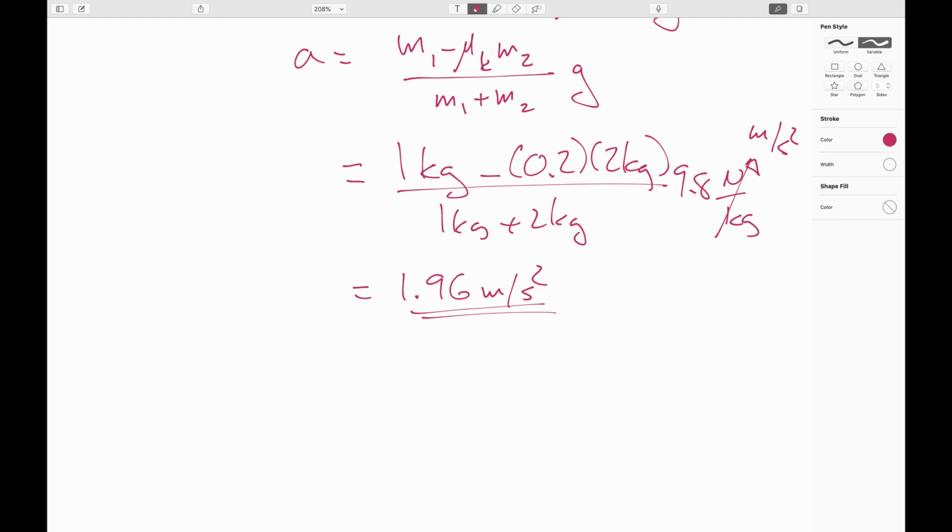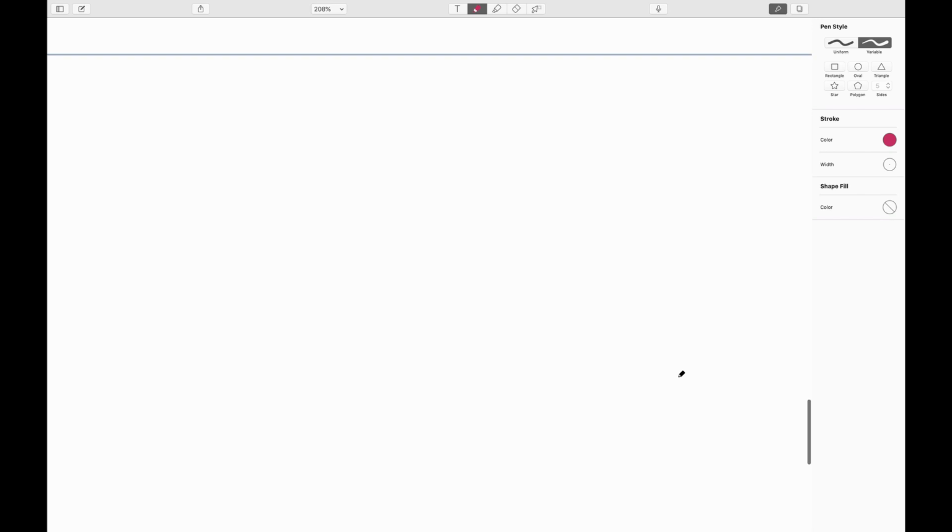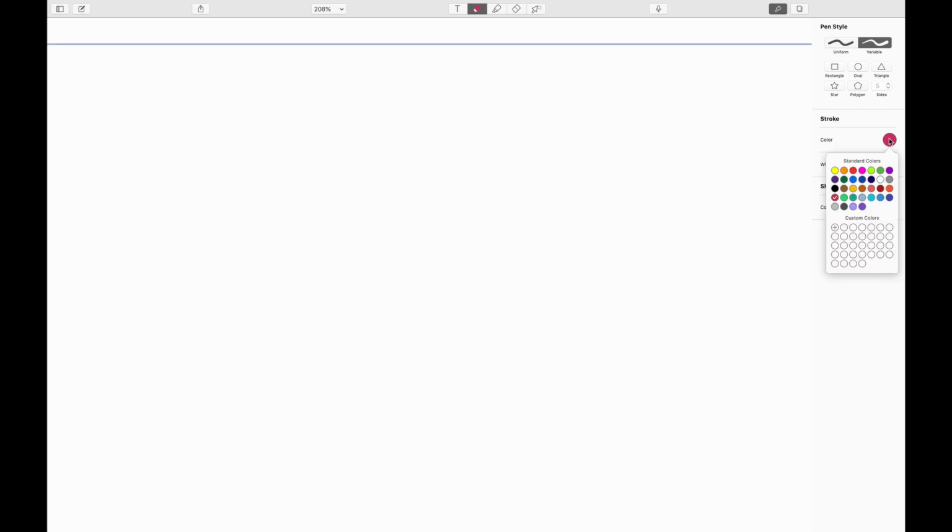All right. One other thing that I'll go ahead and put into this bit of applications here is just a dirty trick that is helpful for certain problems. I like to call this cleverly choosing your free bodies.